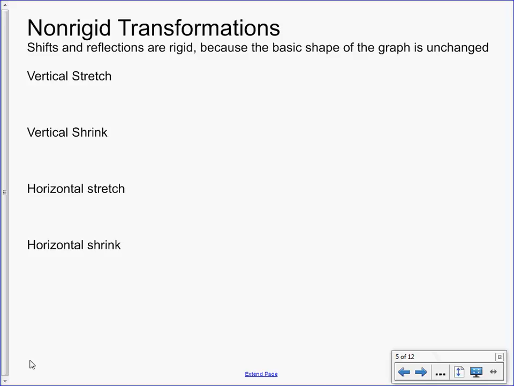So if we put a number C in front of our function where that number is bigger than 1, we're going to be stretching all of our y values. Since the number is on the outside of our function, it is affecting our y value.